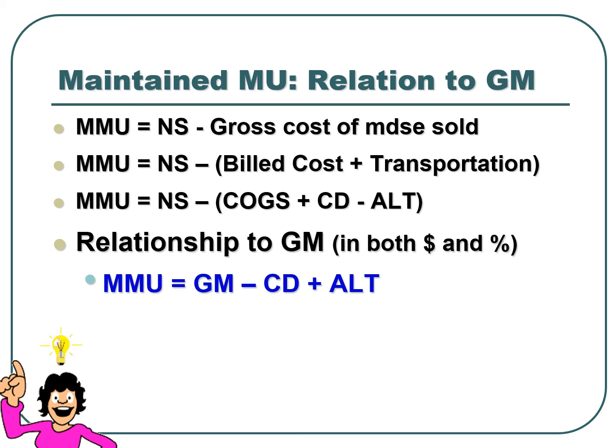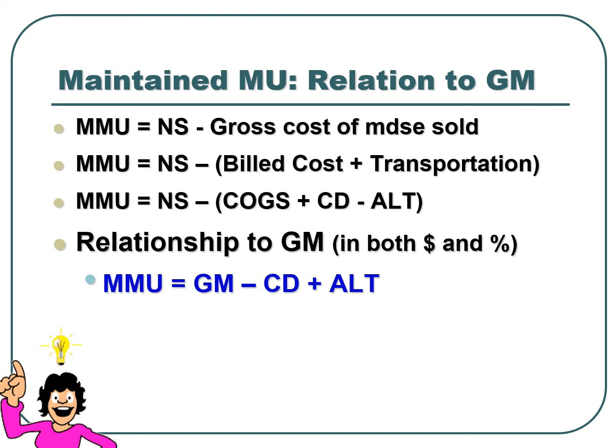So given that the maintained markup is the difference between net sales and gross cost, or the gross cost being the billed cost plus transportation, if we take a look at the difference between this gross cost and cost of goods sold, that difference comes from the cash discount and alteration, because gross cost is the cost of goods sold prior to the consideration of the cash discount and alteration. So maintained markup is net sales minus parenthesis cost of goods sold plus cash discount minus alteration, and then the parenthesized part is what we call the same as the gross cost, right?